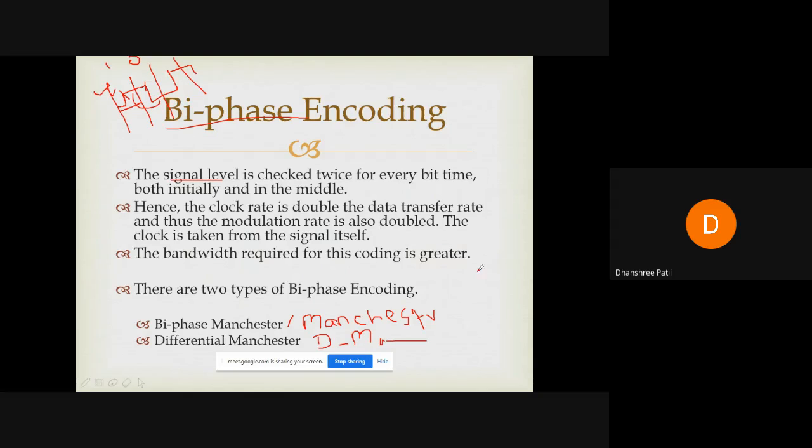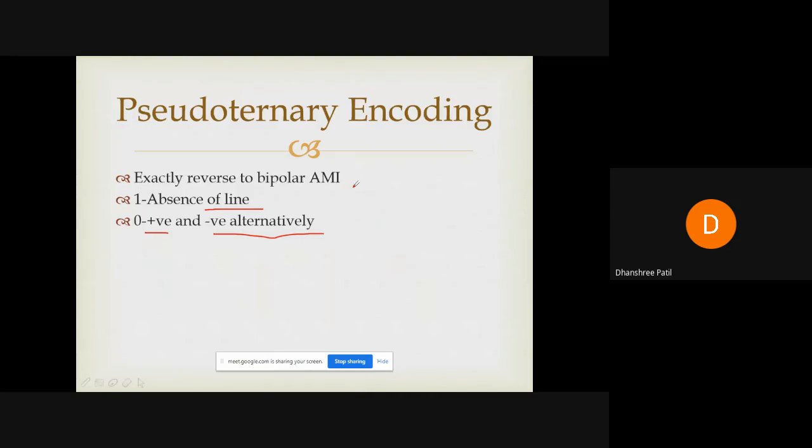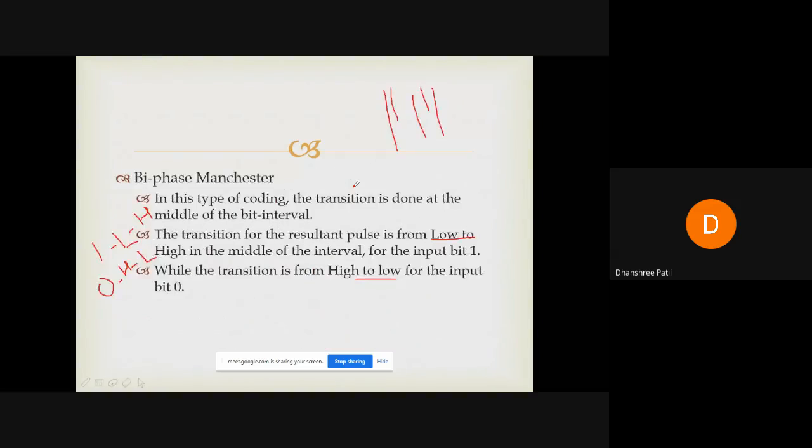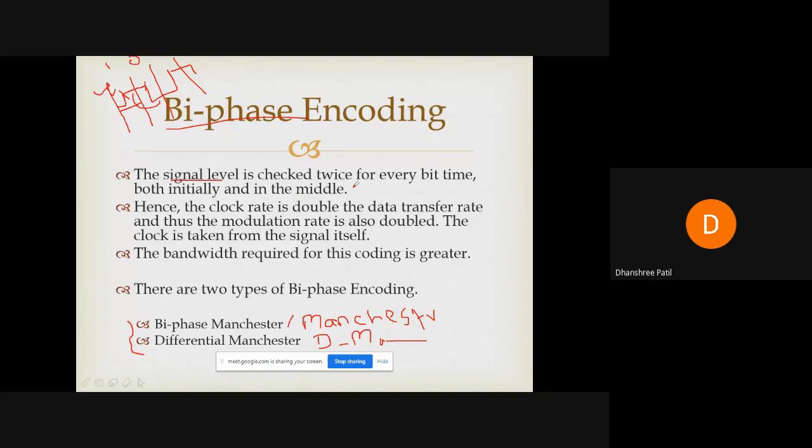Now, next is the biphase encoding. It is one type of encoding technique, and again it is divided into two subtypes. Whatever techniques we have seen so far are polar encoding. In biphase encoding, only the techniques are different; these are the two subtypes of biphase encoding.